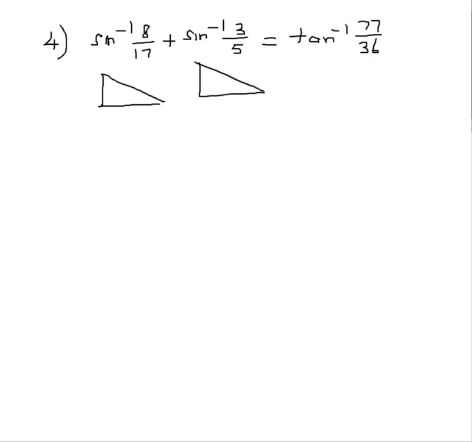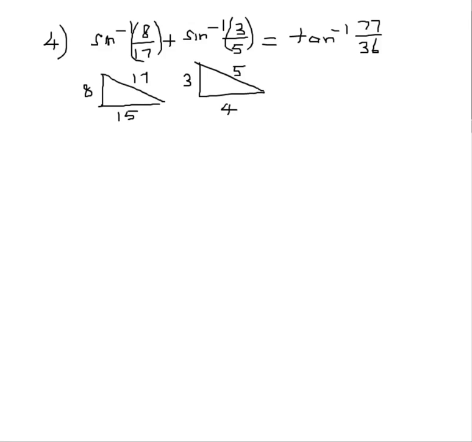Both the values are positive, 8 by 17 and 3 by 5. So first quadrant angle, sine is opposite by hypotenuse. So we can calculate the adjacent side using Pythagoras theorem, which is 15. And here also opposite by hypotenuse, adjacent side will be 4 by Pythagoras theorem.